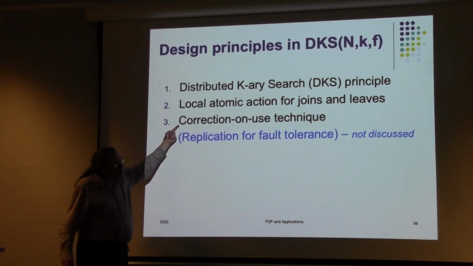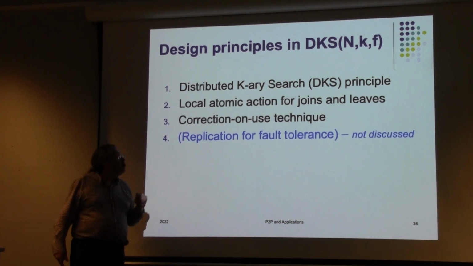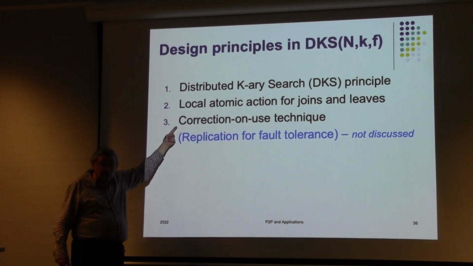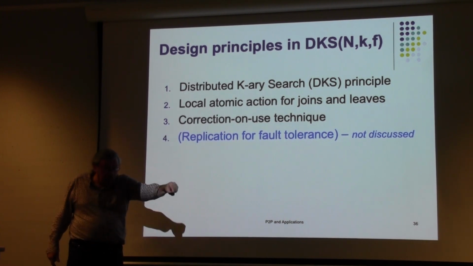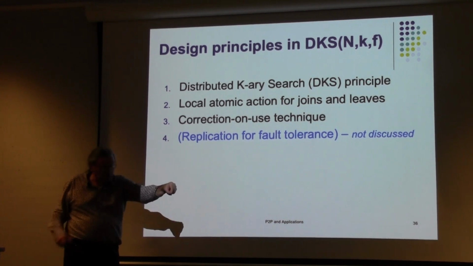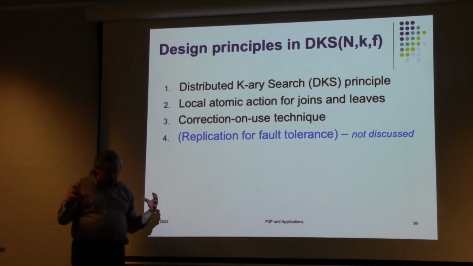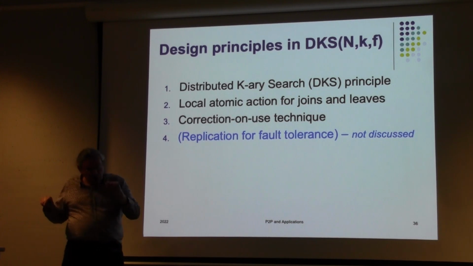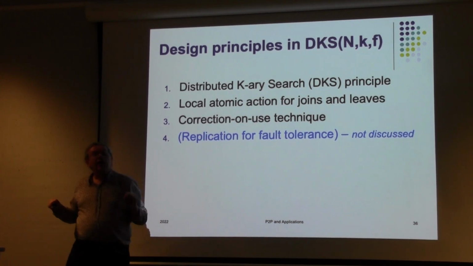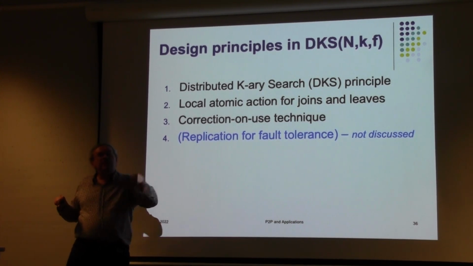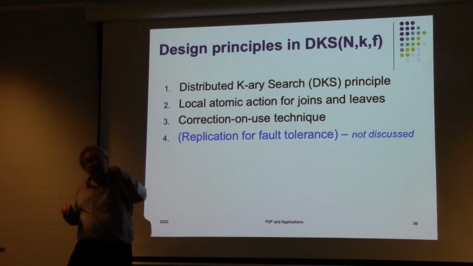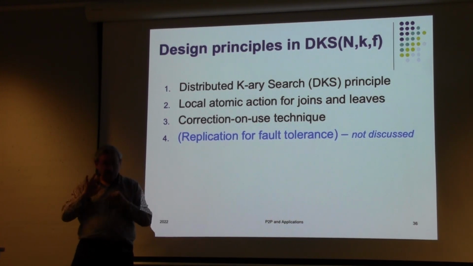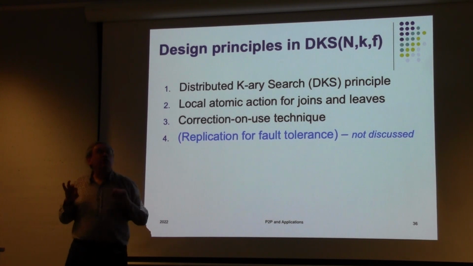Another way is to fix it while you're doing the normal work. If I do a regular lookup and the routing table has gone bad, then the lookup will go slightly wrong. It won't be completely wrong, just less efficient. Eventually I will get there, because it's converging, but it will take longer.